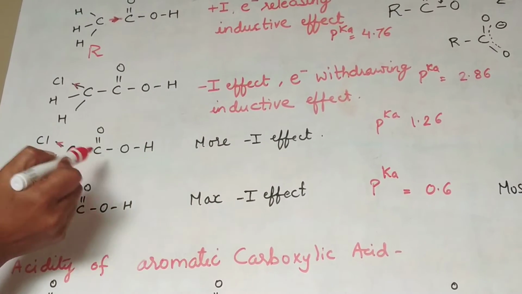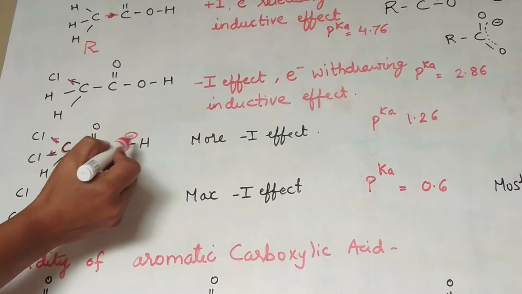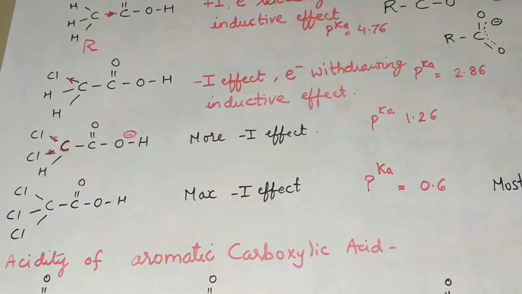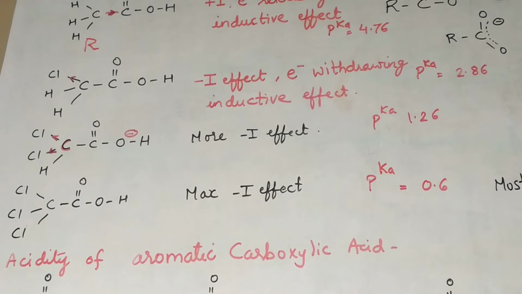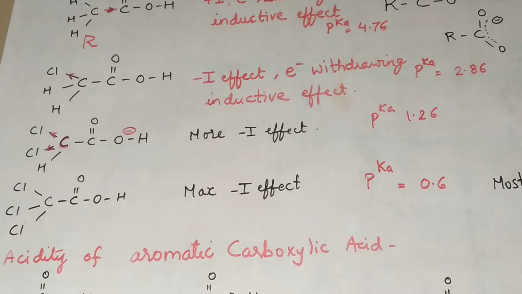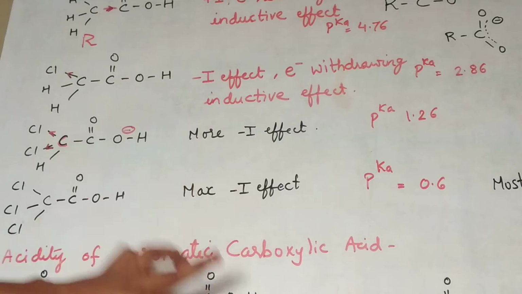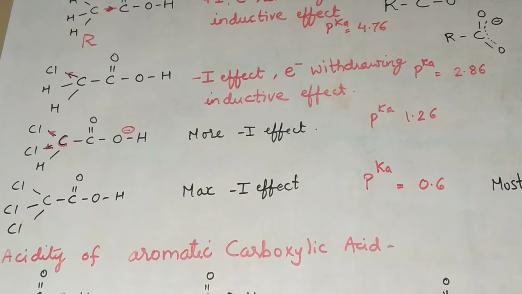Hydrogen is lost. So the conjugate base that is formed with a minus charge here, H is lost. That base is stabilized more due to more minus I effect. More pulling of electron means more stabilization of conjugate base, and it has pKa value 1.26.